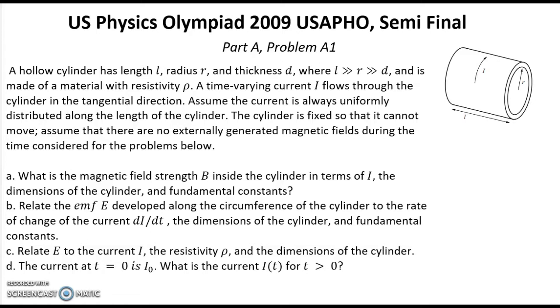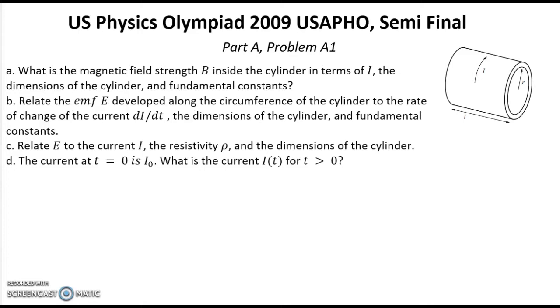C. Relate E to the current I, the resistivity ρ and the dimensions of the cylinder. D. The current at t equals 0 is I0. What is the current I as a function of time for t greater than 0?